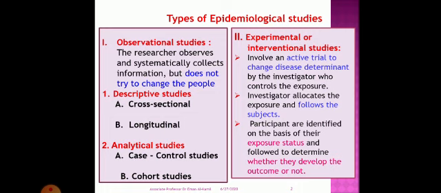This study involves an active trial to change the disease determinants or causes by the investigator, who controls the exposure and follows the effect of this intervention on the study group. So the researcher allocates the exposure and follows the subjects.